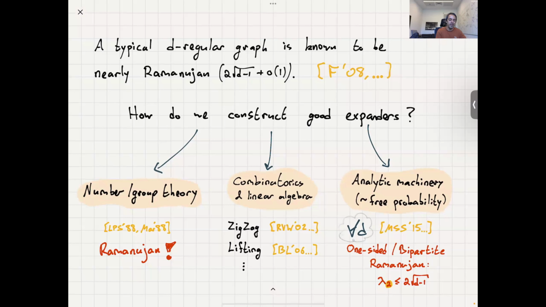So essentially, already from the get-go, in two papers by Lubotzky, Phillips, and Sarnak, and one by Margulis, using extremely deep number theoretic and group theoretic results, Ramanujan graphs were constructed. That never happens.